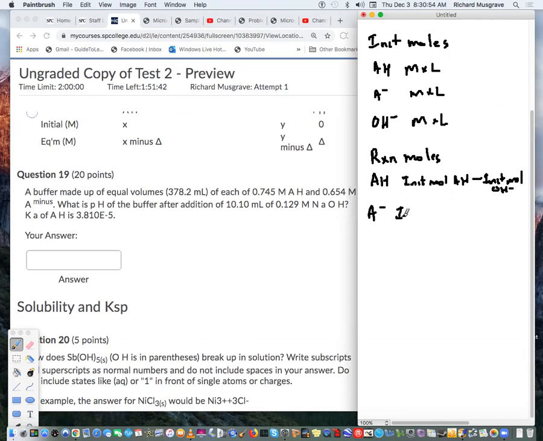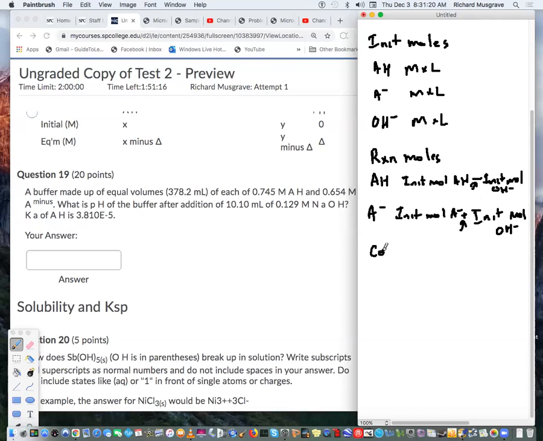And A minus is going to be initial moles of A minus plus initial moles of OH minus. That goes back to what I had before. The recognition that the AH is going to go down and the A minus is going to go up. So this negative and positive are going to be important here.